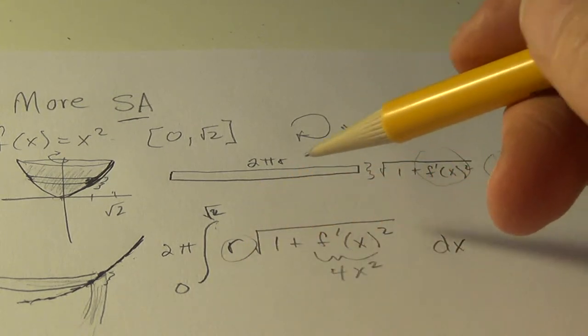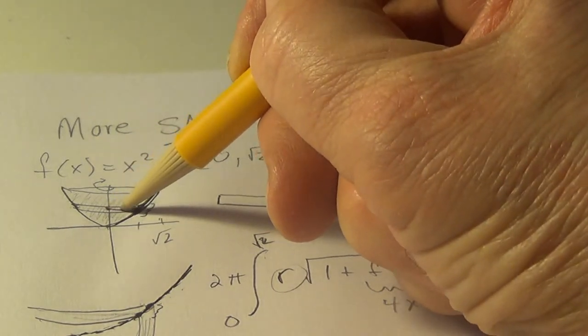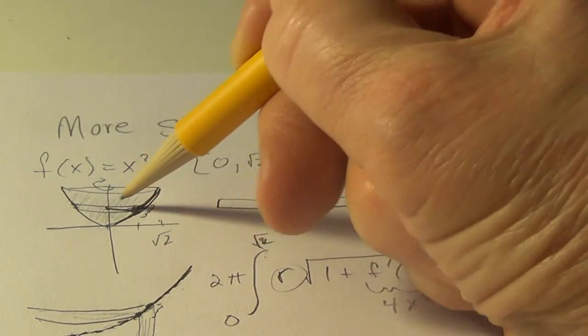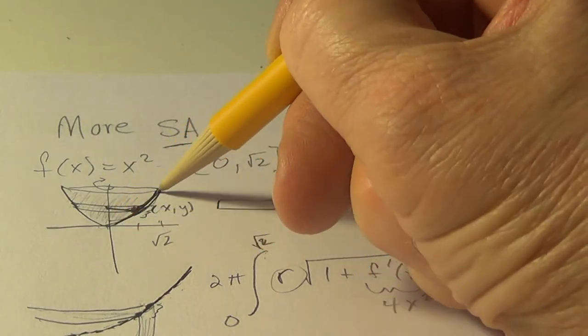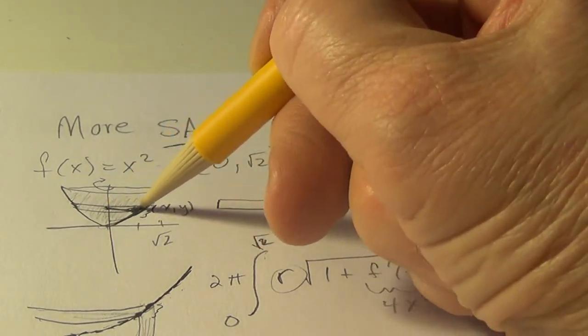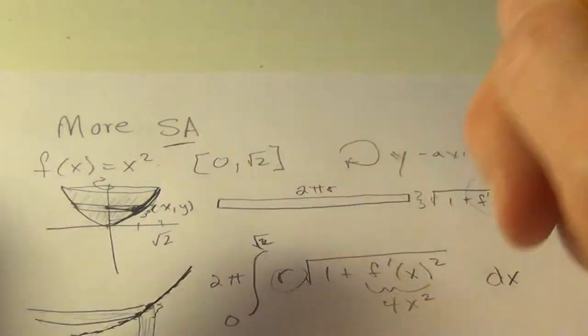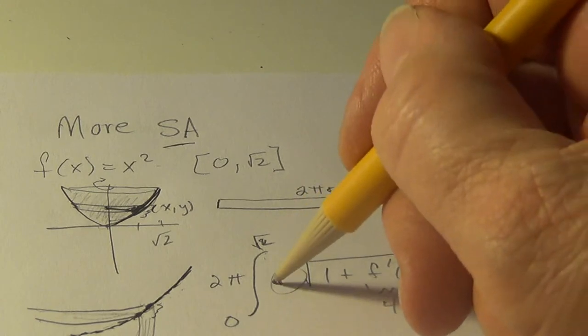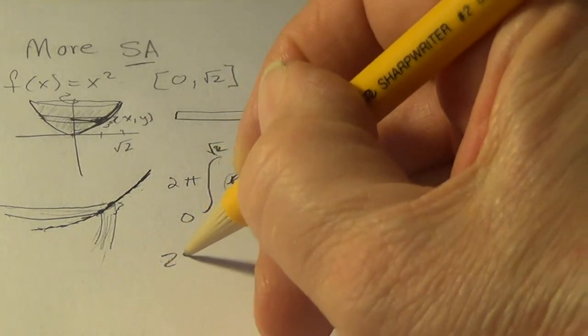And the radius, going back to this picture, goes from here to here and hits the point x, y on the function, so the radius is just x. Not too hard in that respect.